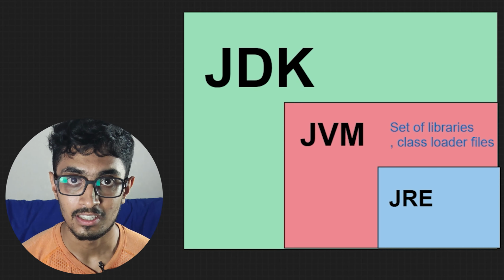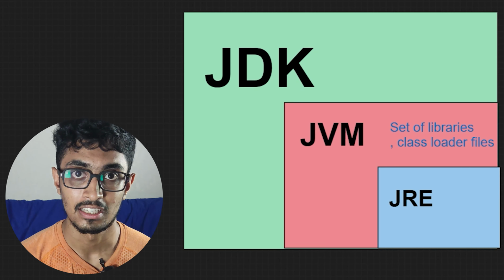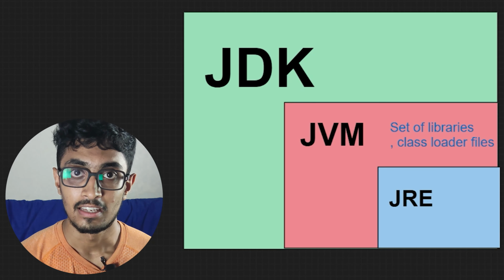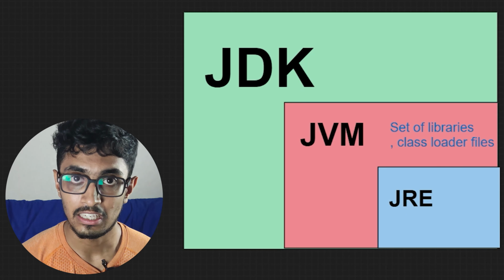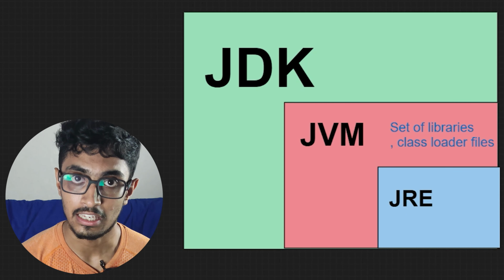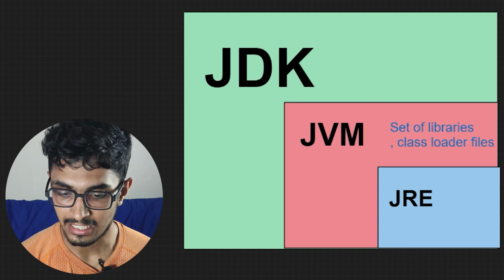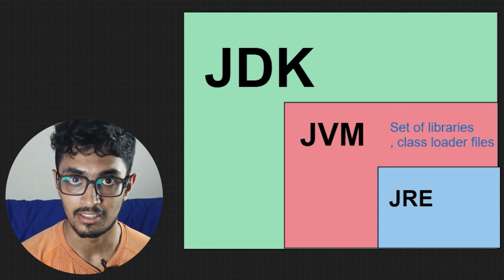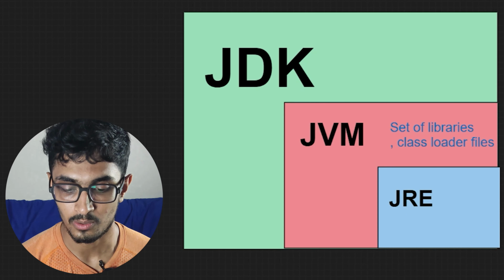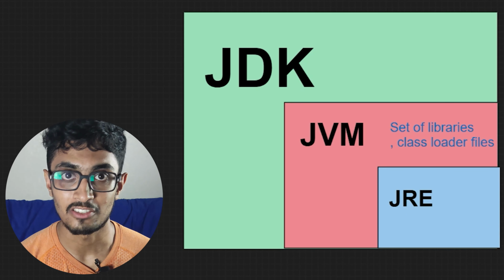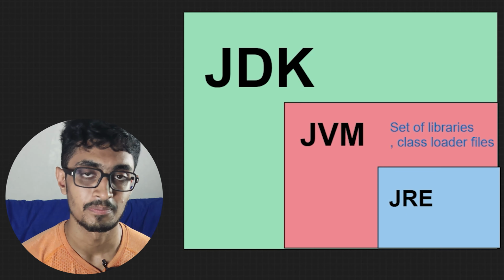That is how Java code actually runs. When we install the JDK in our system, the JVM and JRE also get installed, because you can see in this diagram that inside the JDK there are the JVM and JRE. So if you install the JDK, naturally the JVM and JRE will come with it.